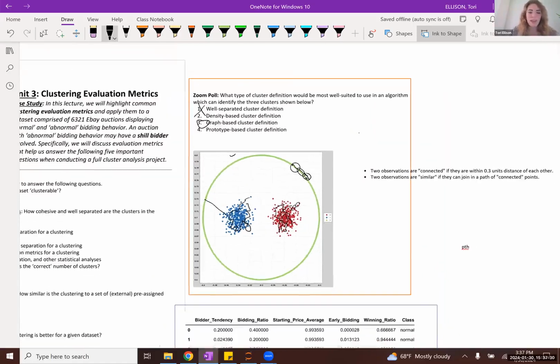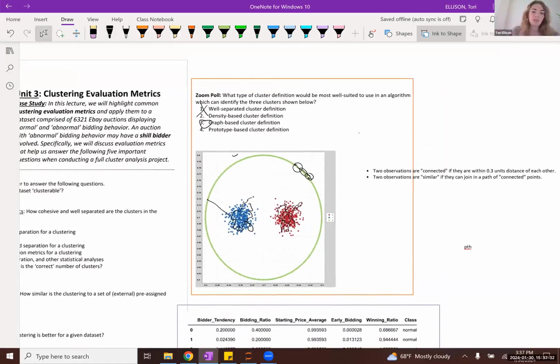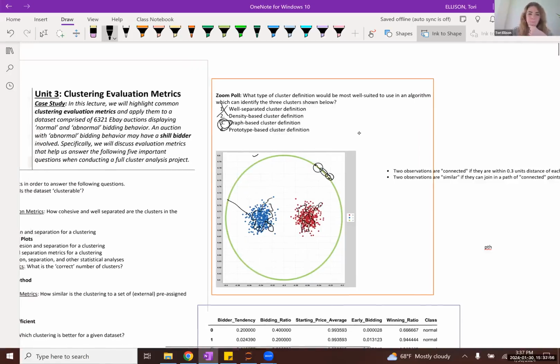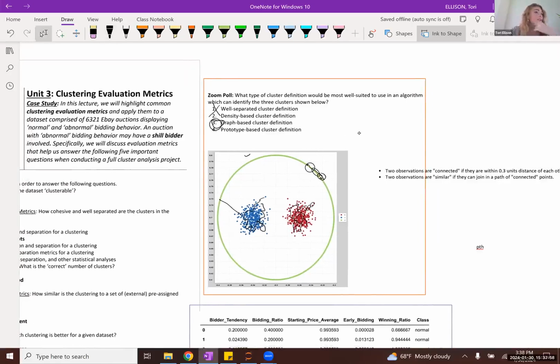So therefore, a graph-based cluster definition can, in fact, be used to help us find three clusters, in which the observations within the cluster are all similar to each other, and the observations between the clusters are all considered dissimilar to each other. Okay. All right, so any questions on that?